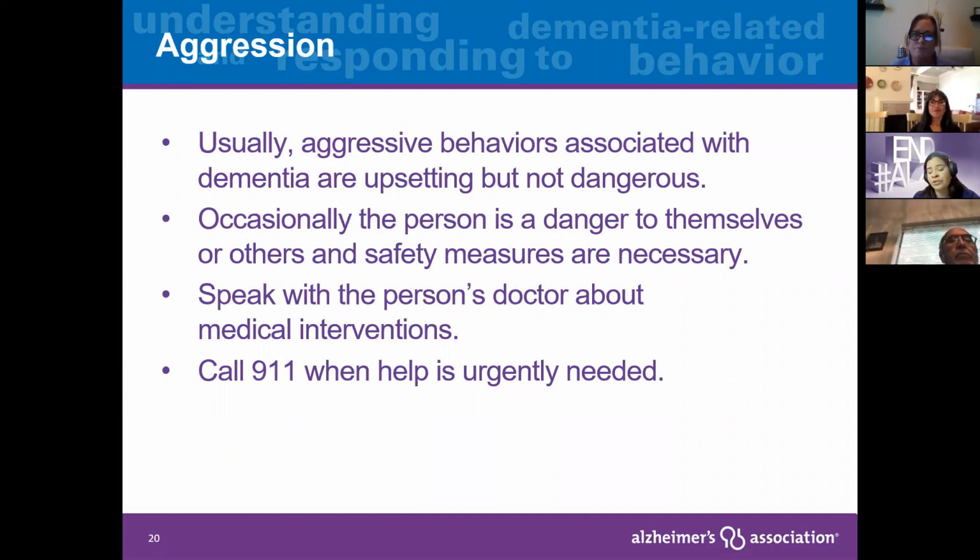When it comes to frontotemporal dementia, there's a lot of aggressive behaviors that are not associated with Alzheimer's. And so aggressive behaviors are just upsetting in someone that has Alzheimer's most of the time. And so that danger that they're posing to someone else, they're also posing to themselves.